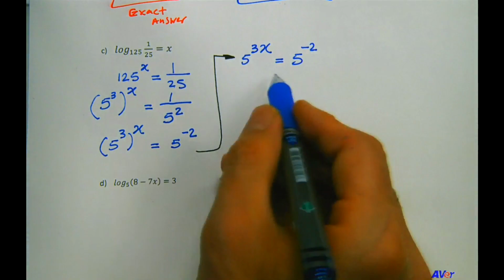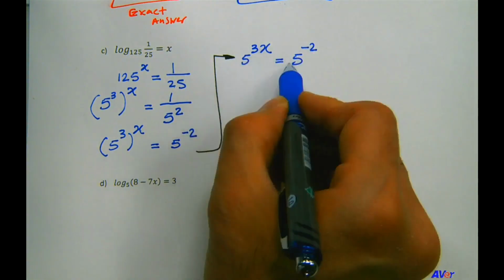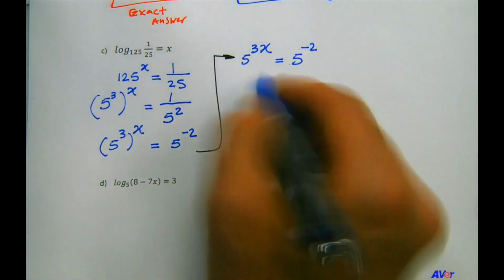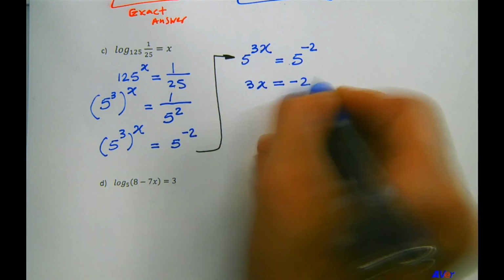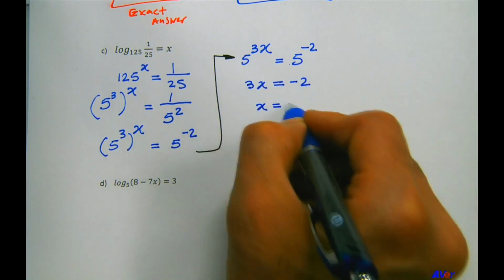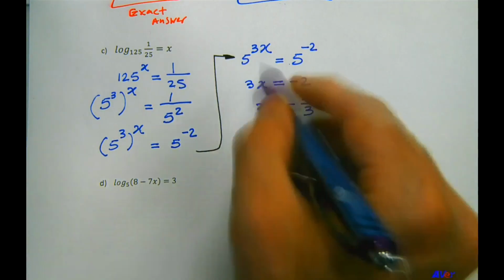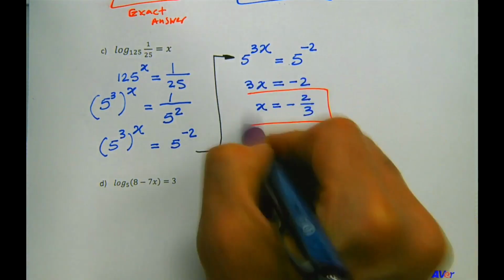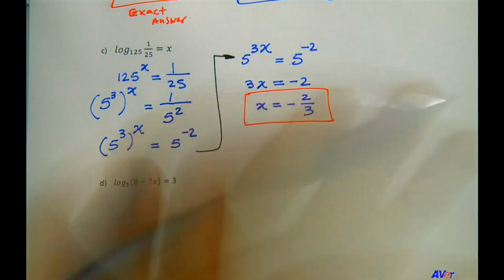Now we're getting somewhere, right? The bases are the same, so if the two sides are to be equal, the powers must be equal. So 3x must be equal to -2. Therefore, x equals -2/3. Like that. Okay? So we leave it like that.